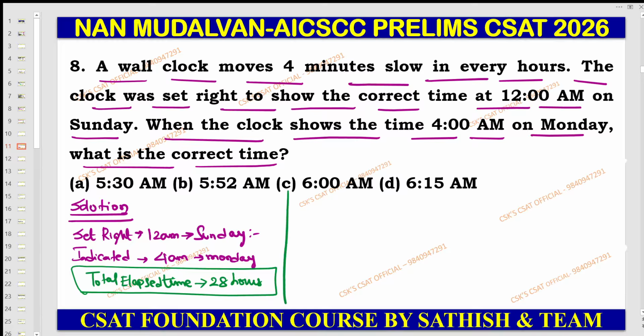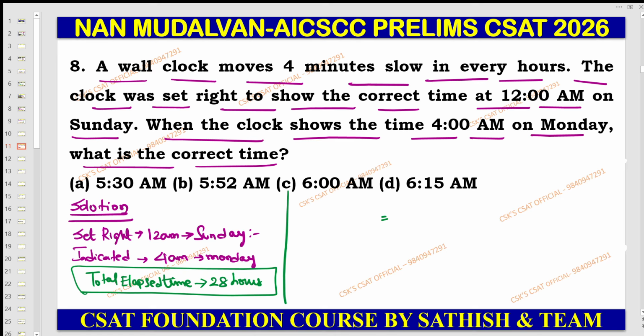28 hours. And one more concept you try to understand. That is what I'm mentioning: there is a possibility to make a mistake. People make a mistake here. Now listen very carefully. Here, understand the simple concept.